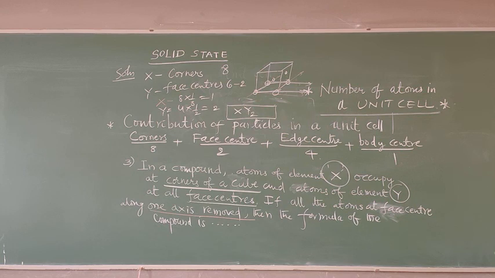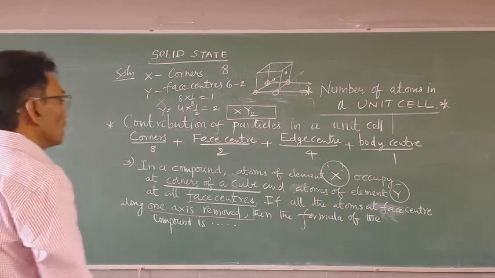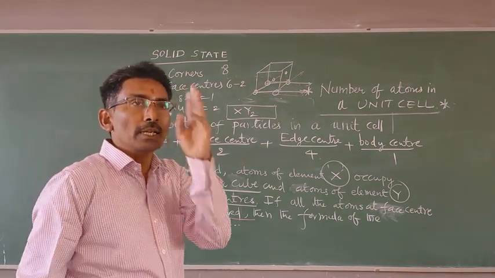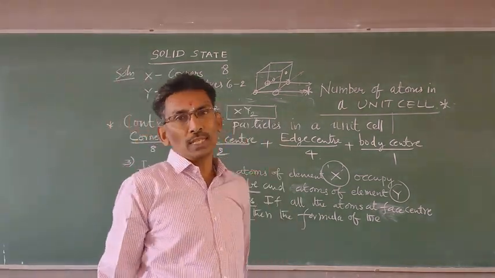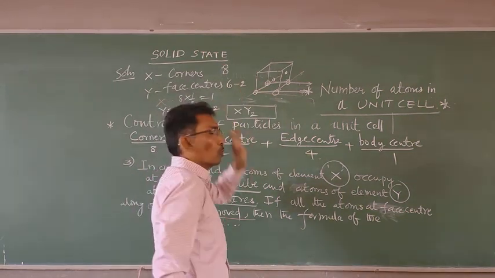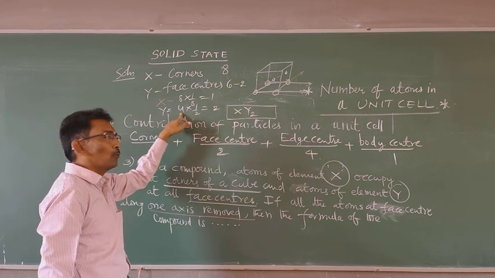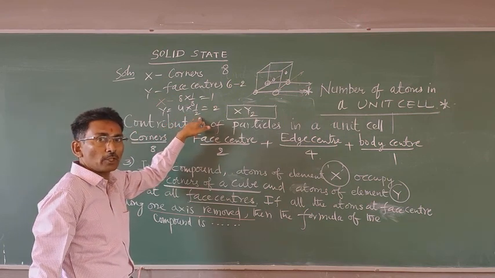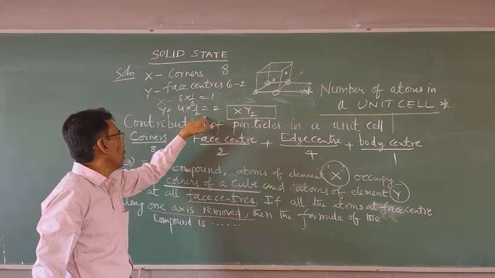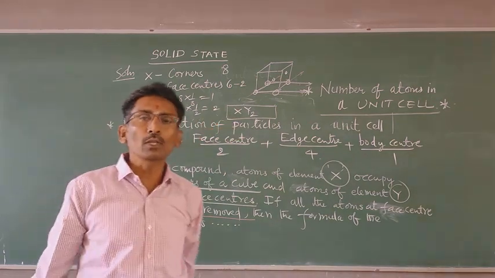Along one axis, how many atoms are there? There are 6 atoms, about 6 faces. Along 3 axes, each axis has 2 faces. So therefore, 2 removed along one axis. Therefore, 6 minus 2 becomes 4. 4 into each face is shared by 2 unit cells, so 4 into half is 2. X1 Y2 is the formula of the compound.